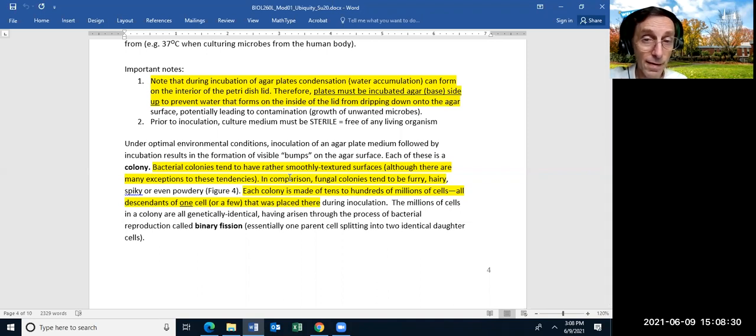In comparison, fungal colonies tend to be furry or hairy. So this is one way we can tell bacteria colonies from fungal colonies. You should know that each colony is made of tens to hundreds of millions of cells, hopefully all descended from one cell that started the colony.